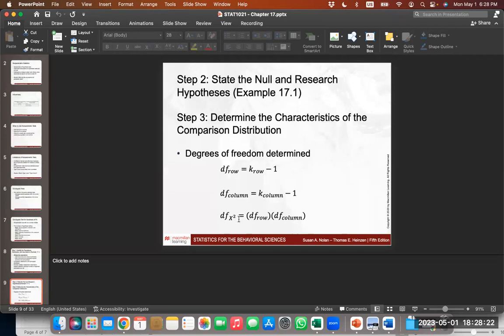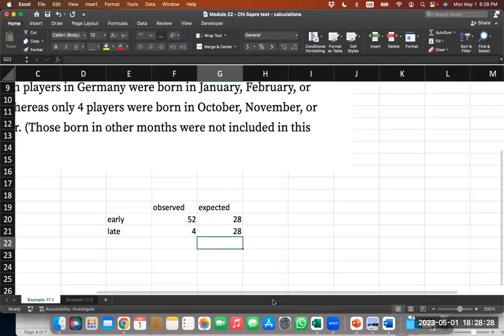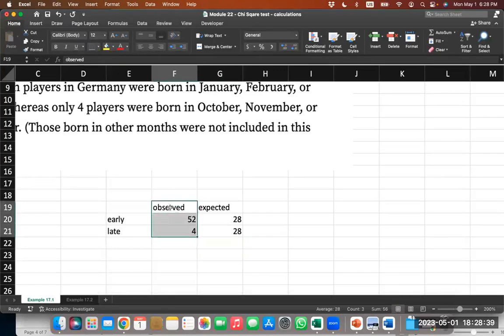So that gives you the df chi-squared. For goodness of fit, it's always 1. So for this table, we would assume the degrees of freedom to be 1.